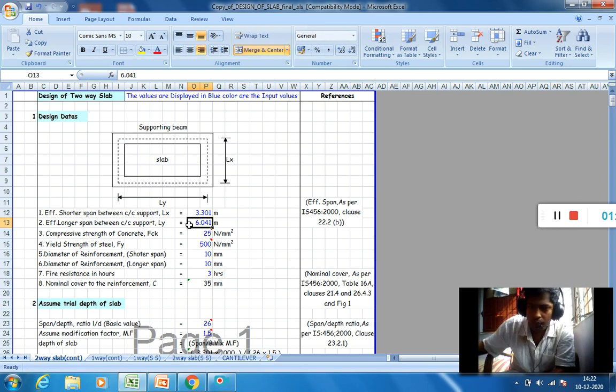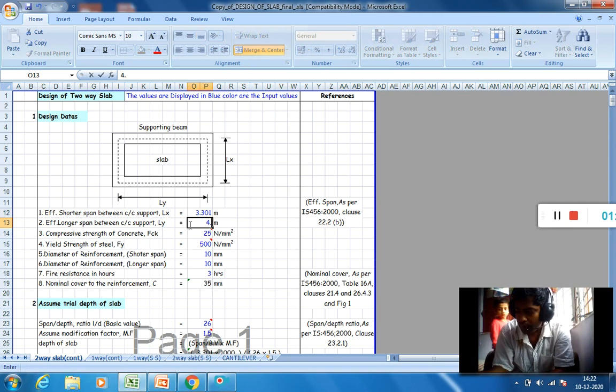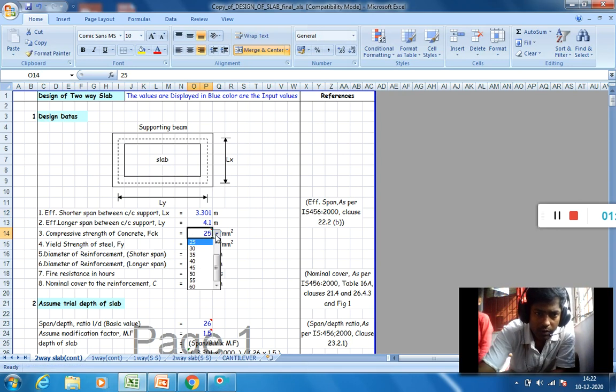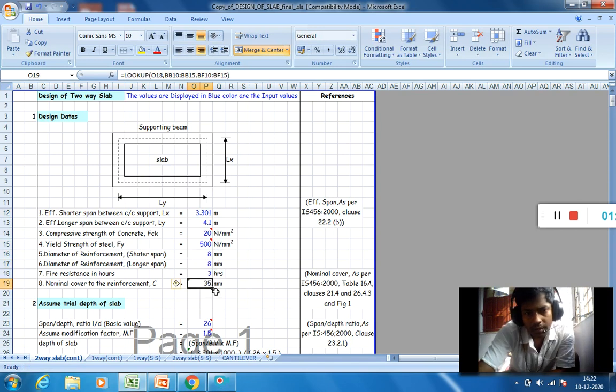Choose from the drop-down list the grade of concrete, which is what we consider, 20. 500 is chosen for steel. Then the diameter of reinforcement, choose 8. The fire resistance is 3 hours.